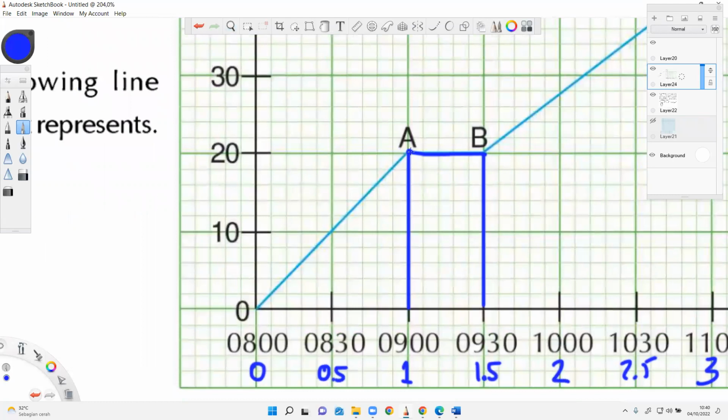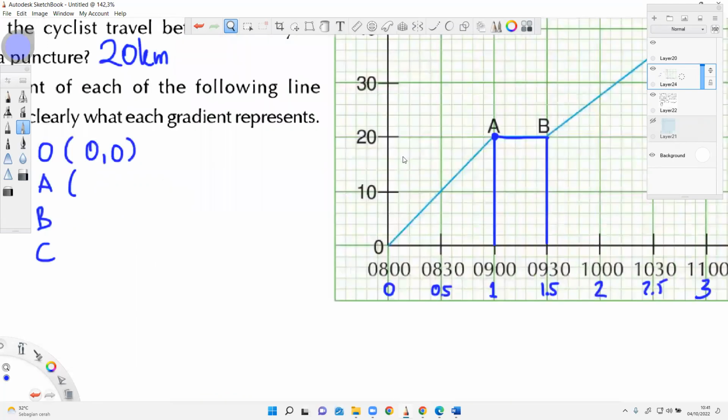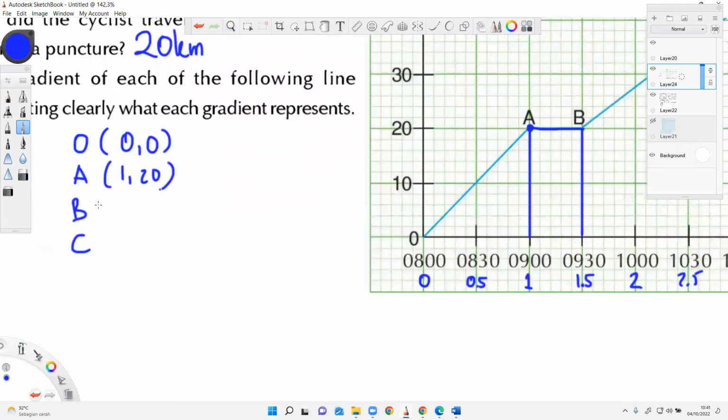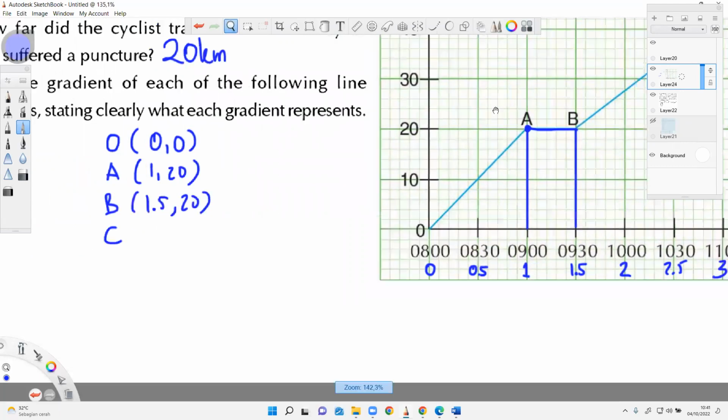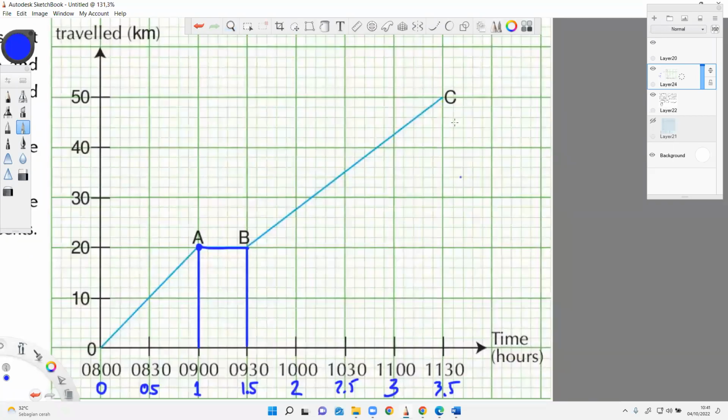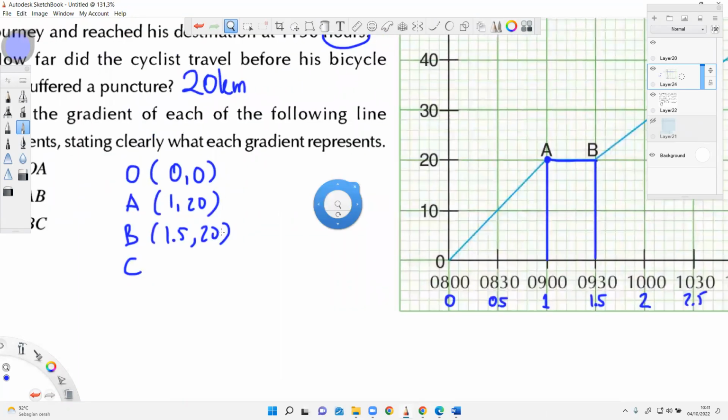So what is the point of A? 1, 20, right? X, Y. 1, 20. B, 1.5, 20. How about C? Oh, okay. 3.5, 50. So you can choose the decimal.